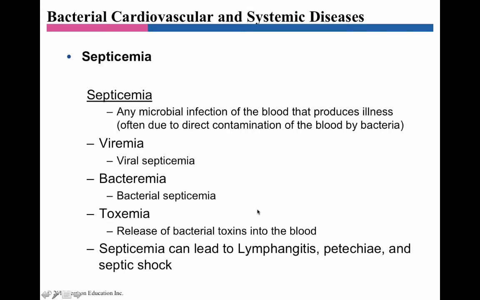All right, what is septic shock? Septic shock can occur when you have a case of septicemia. All right, this is due to an activation of the immune system, basically. If you remember back to the immunity section where we covered the inflammatory response, when the immune system reacts to an invader, histamine can be released.